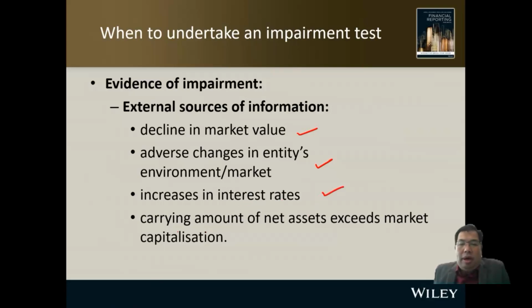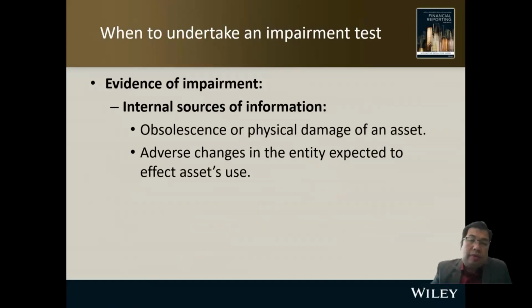Or the carrying amount of the net assets exceeds the market capitalization. That means the market capitalization is lower than the carrying amount, what you recorded. So these are examples of evidence showing that there's impairment of assets.